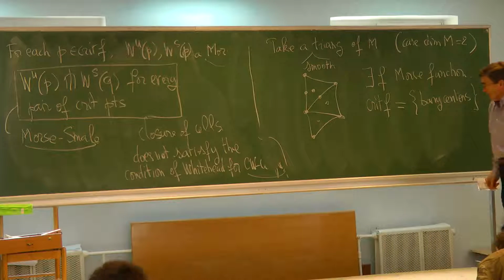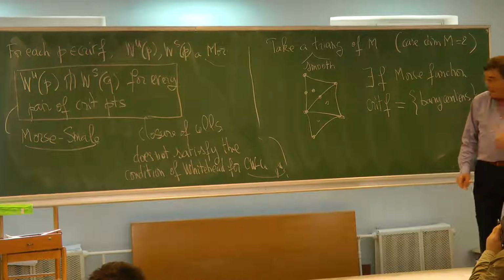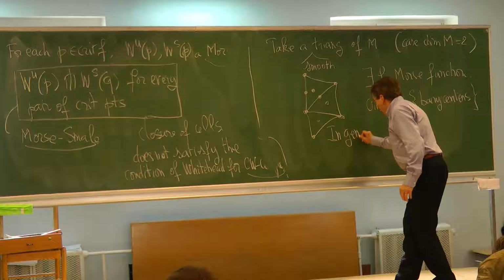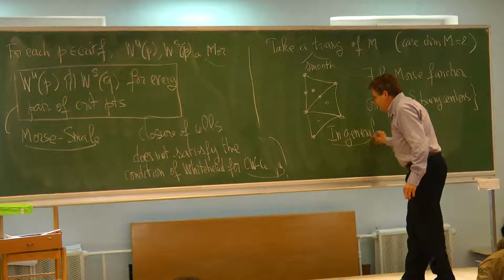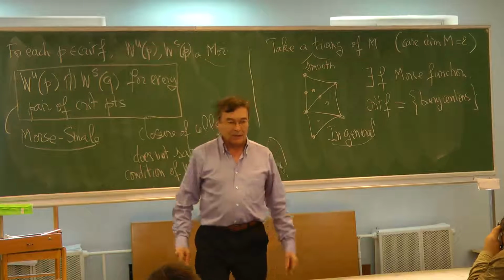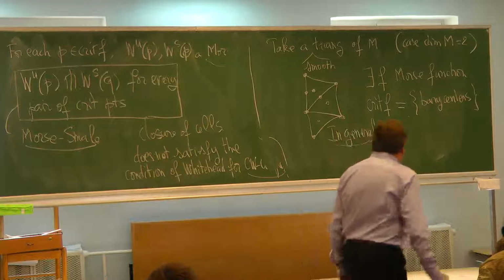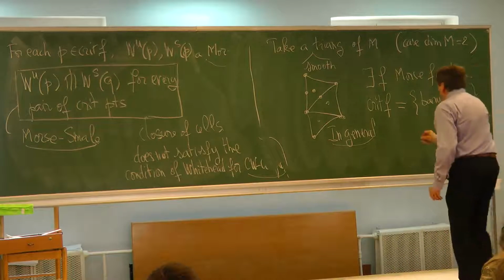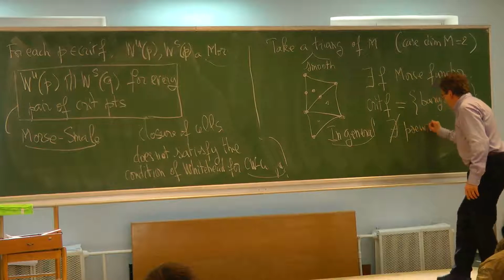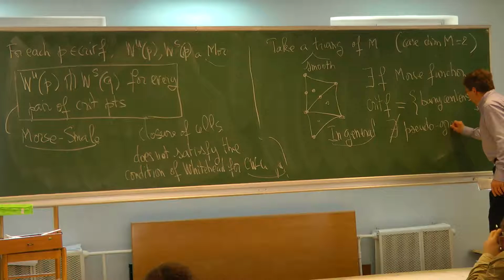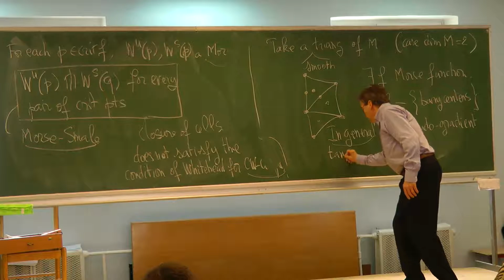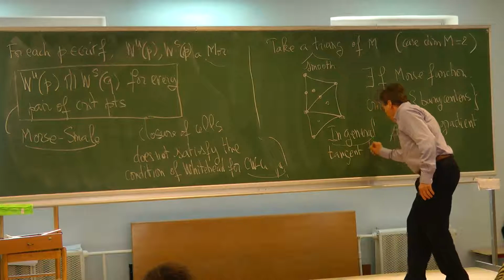And the point is the following. In general, maybe it is well known, but there are a lot of texts, even printed books and so on, with this mistake. In general, there is no pseudo-gradient tangent to the triangulation.